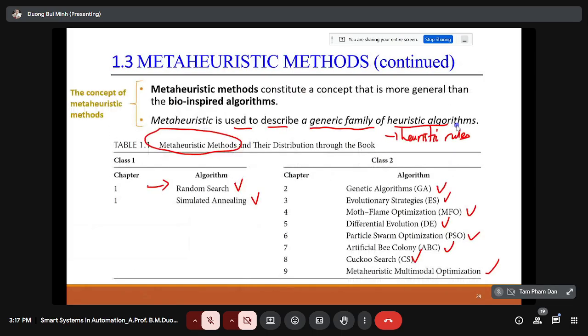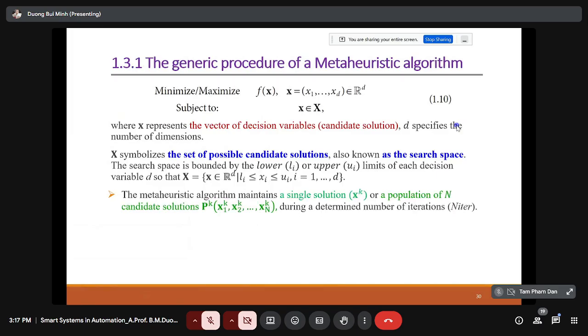Look, we have the objective function, right? Maybe we figure out the minimization or maximization. It depends. Okay, but now we have f(x), and every solution has a dimension.